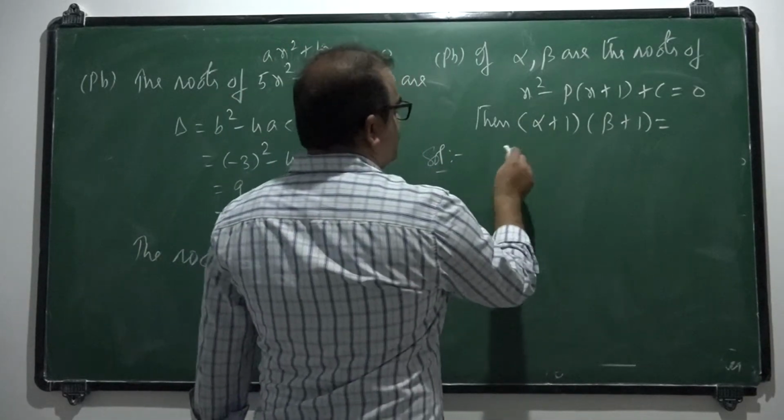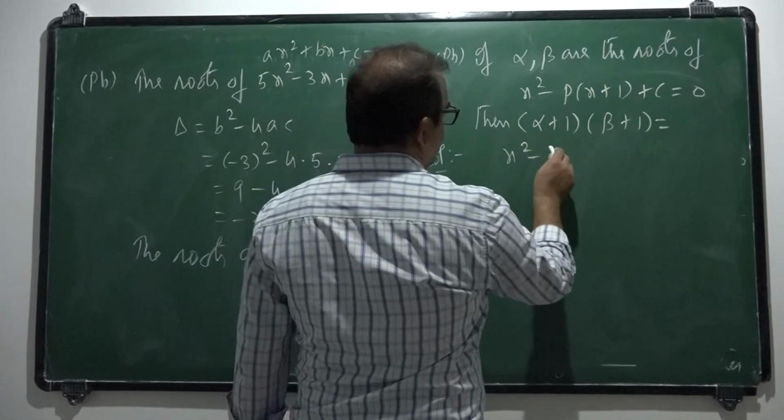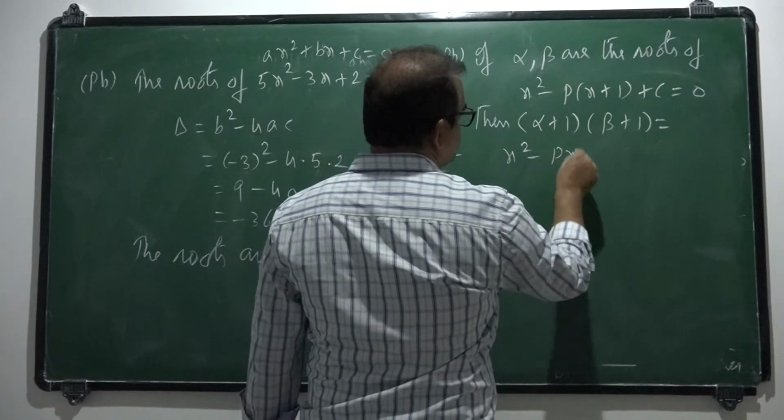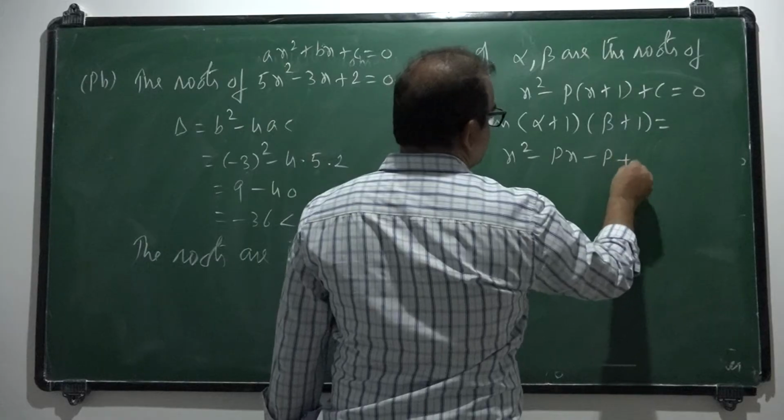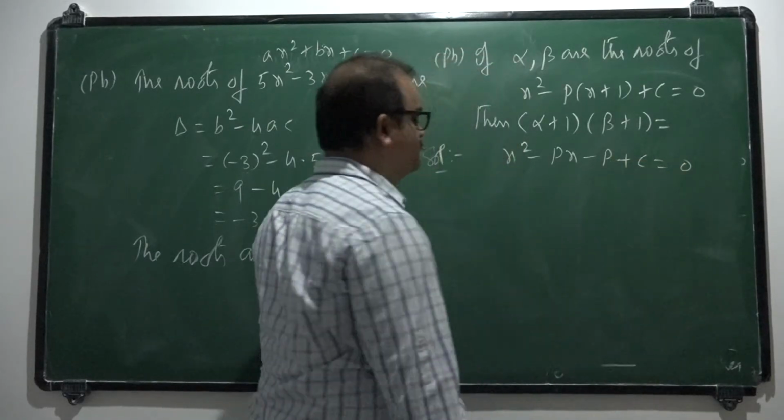What is the given equation? x square minus px minus p plus c is equal to 0.